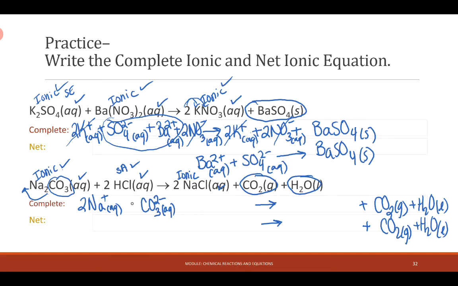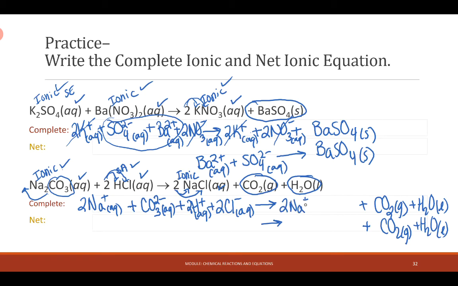That's not a charge. That was supposed to be my arrow in between. And now I have that 2 distributes out to both the hydrogen and the chlorine, and that's going to be aqueous, aqueous. Now for this, the 2 is going to distribute out to the sodium and the chlorine.